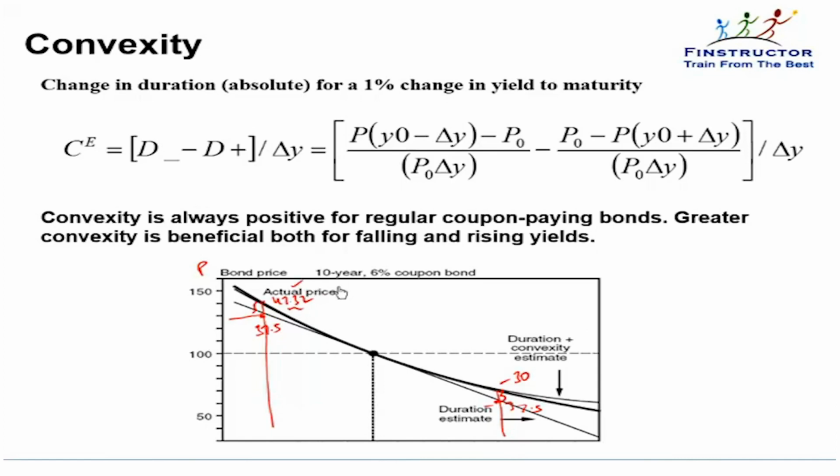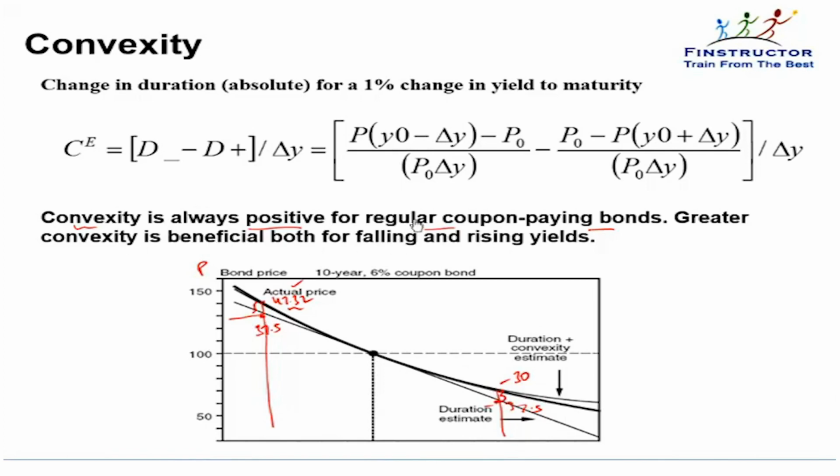That slight quantity is called convexity. So remember, convexity is always positive for regular coupon paying bonds. Convexity always gets added to the duration estimate. So wherever duration gets us, something is added so as to get us closer to the actual price.